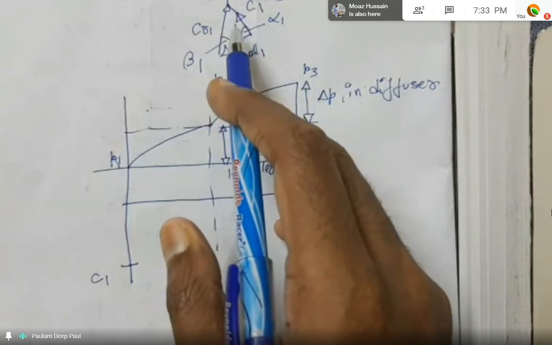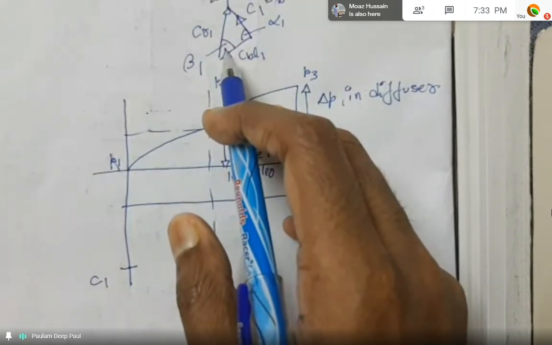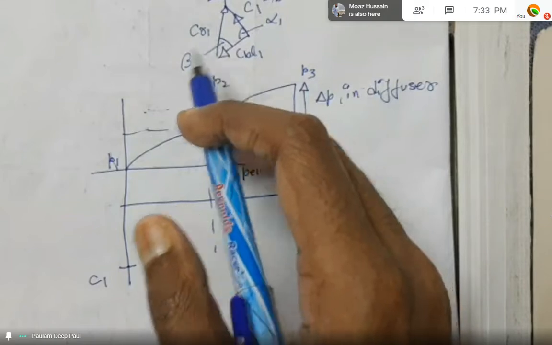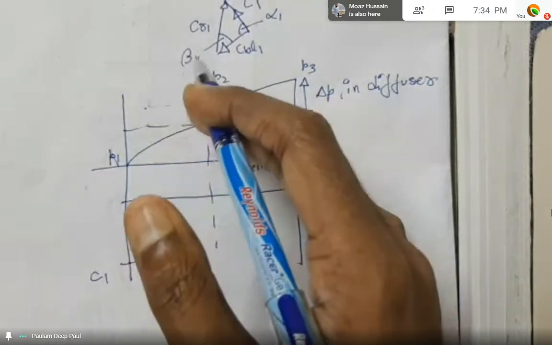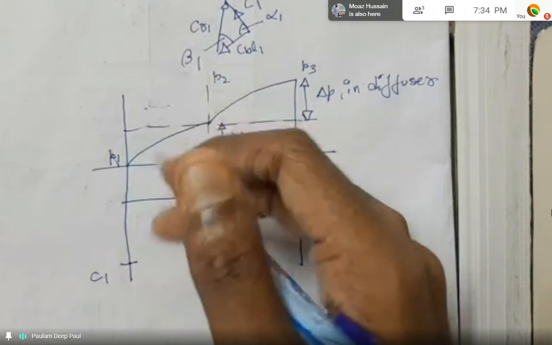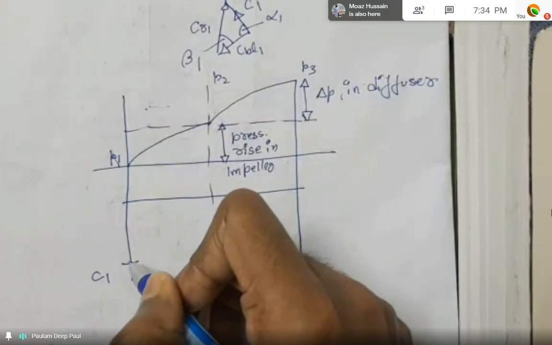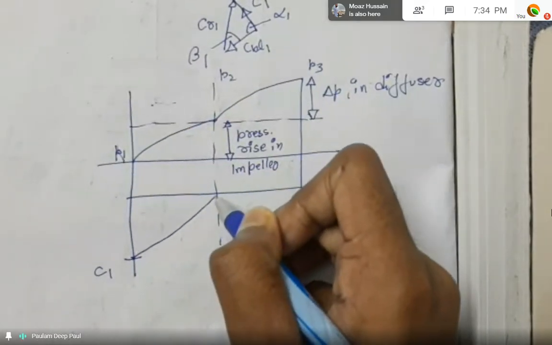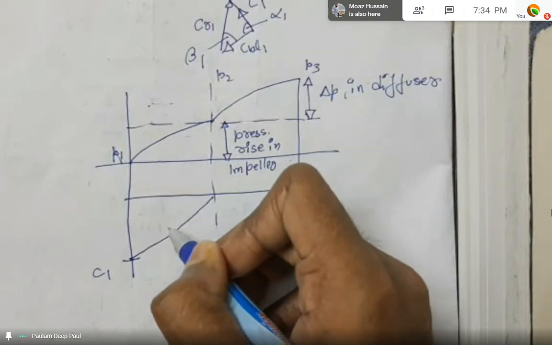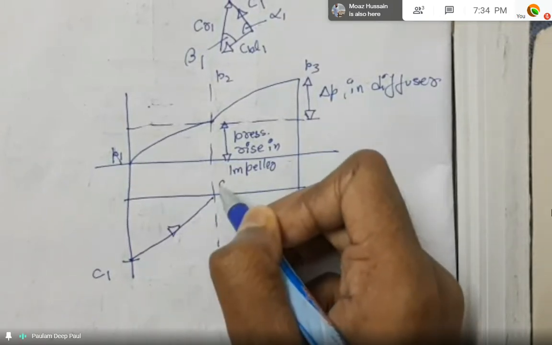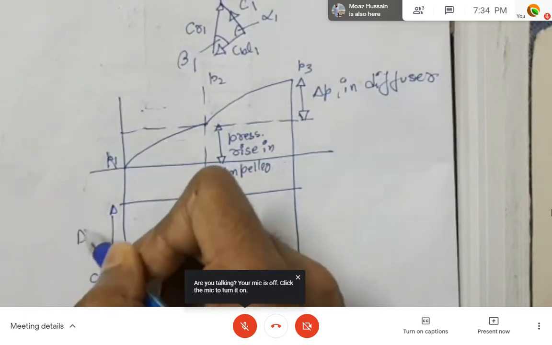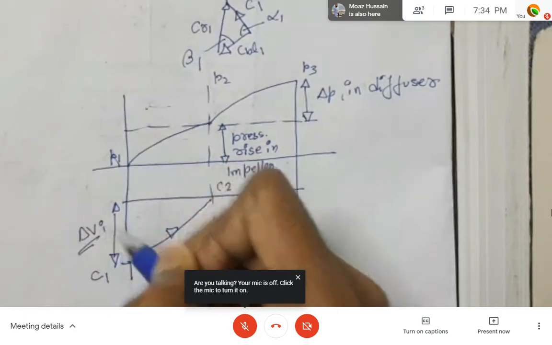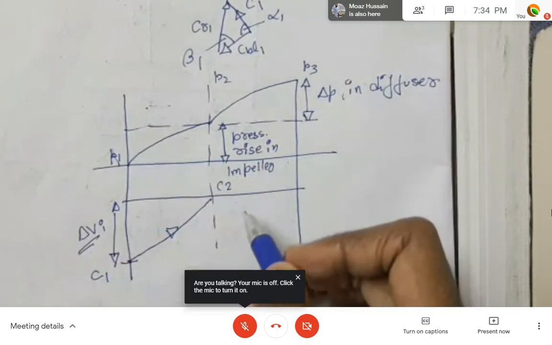As I have stated, it enters with a low velocity, but the work done by the impeller vanes on the incoming air increases the velocity, temperature, and a slight pressure also. So we get C2. This is the velocity increment in the impeller stage, which I am showing.